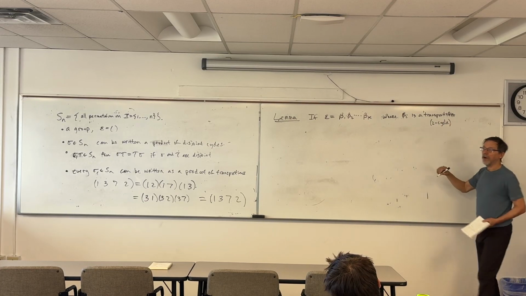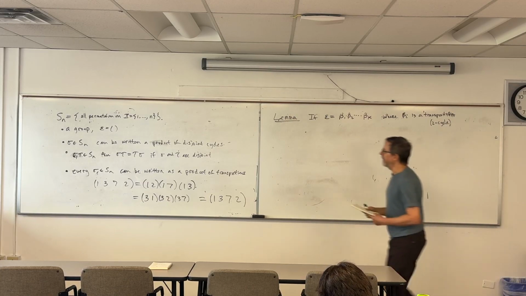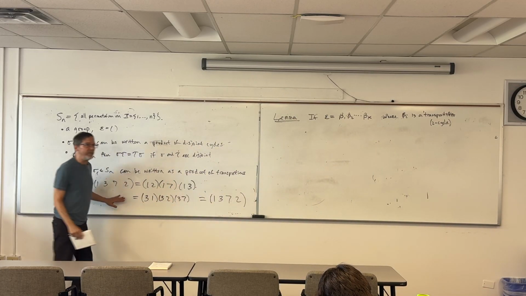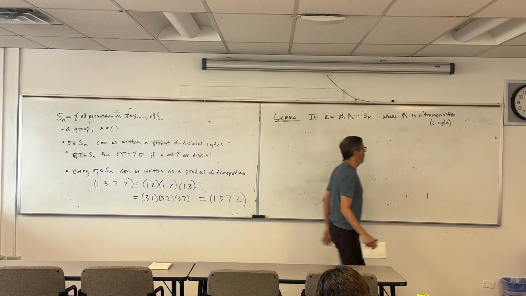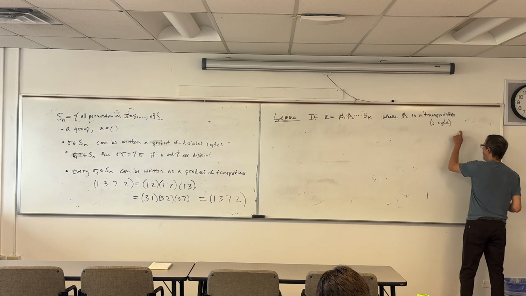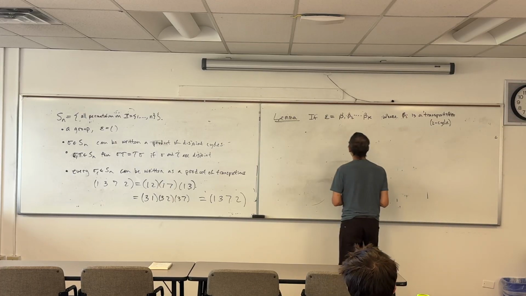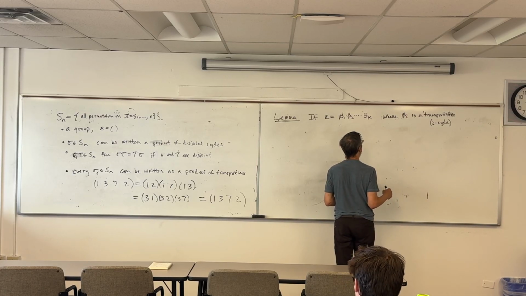You could call this a 4-cycle. You can just use the period of the thing, the number of elements in it, dash cycle, is a good name for a permutation.